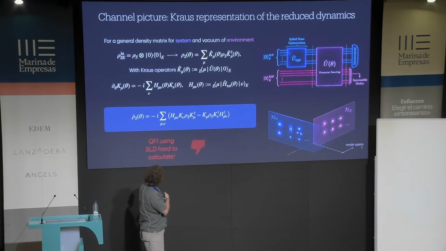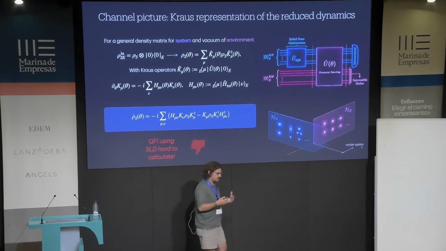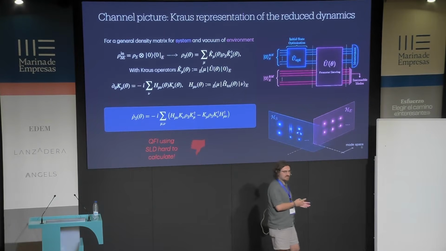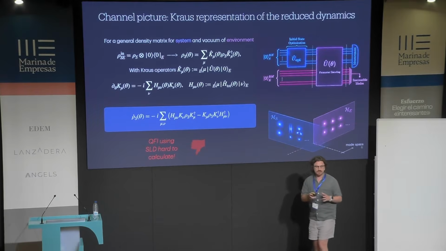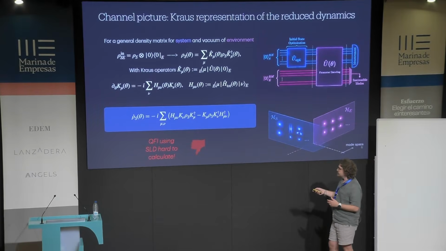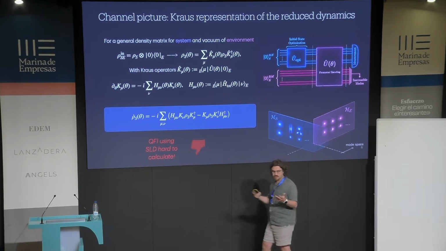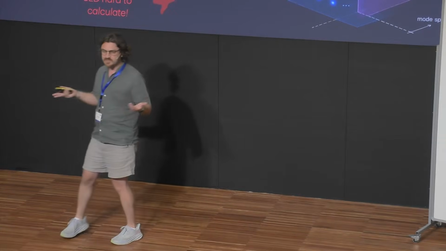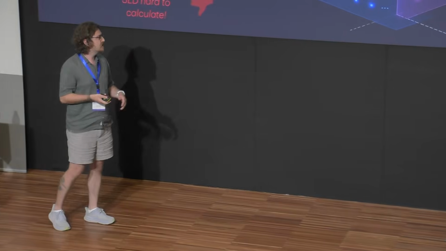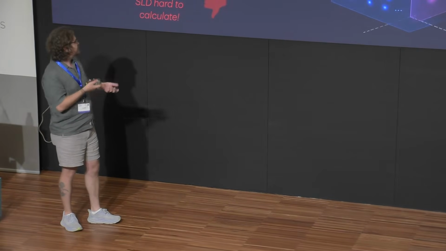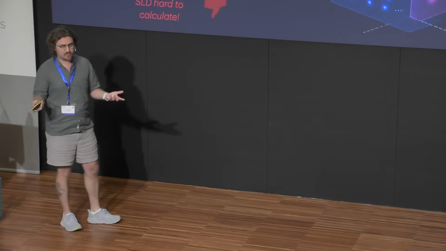Normally, if we can solve this equation, we just put it into this SLD equation and calculate the quantum Fisher information directly. But since we have this huge Hilbert space, it is extremely difficult. What you need to do is either cut the Hilbert space at some point to reduce the size and then try to solve it numerically.